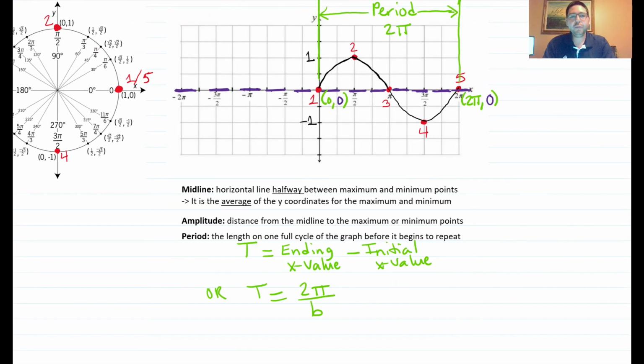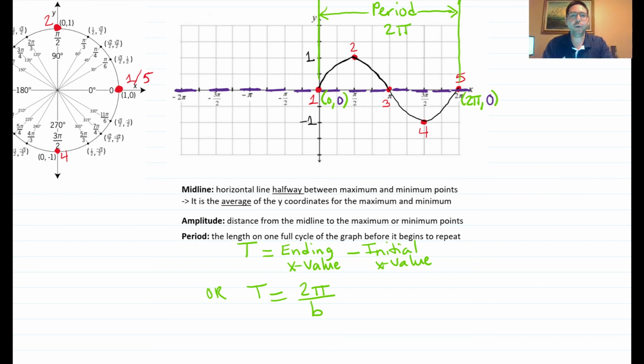All right, the other feature is the period. So the period is the length of one full cycle. So it's the distance from peak to peak, trough to trough, or just from the initial to the final point, as long as after that point it begins to repeat.